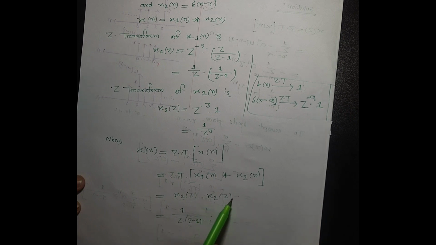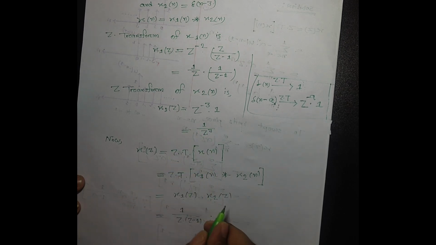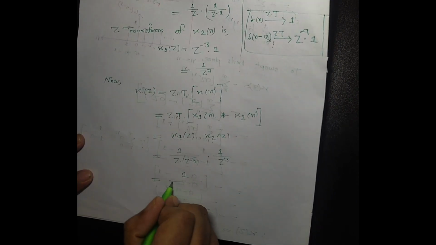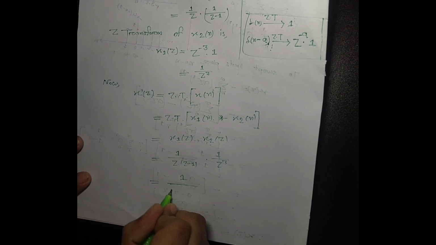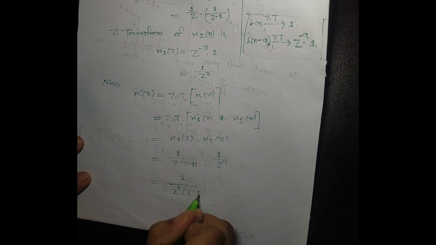And the value of X2 z is 1 by z cube. Thus the final answer is 1 by z to the power 4 into z minus 1.